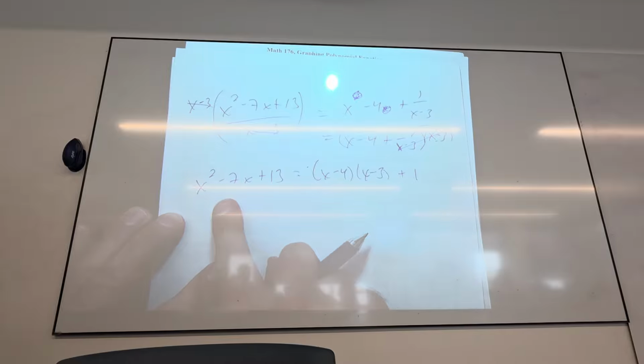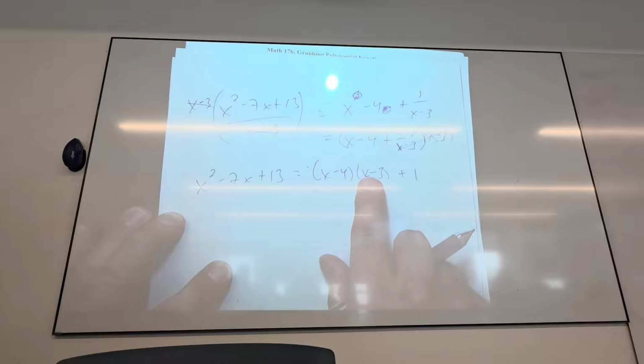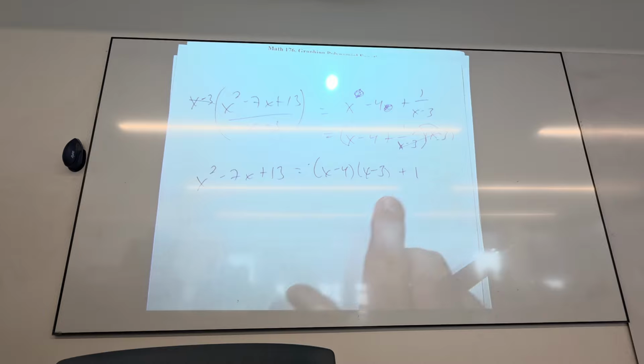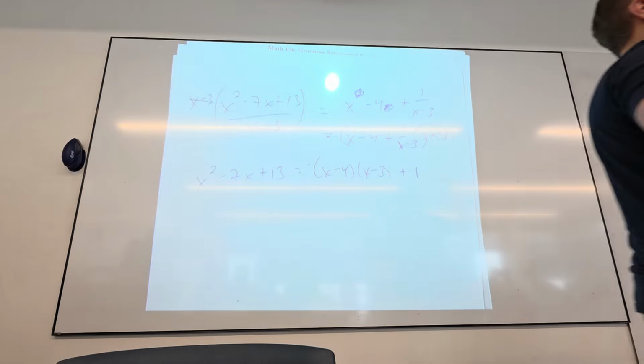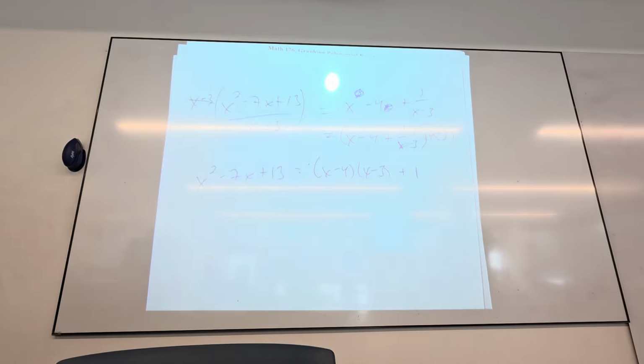So when you put a 3 in, what happens to this piece? You get 0. 0 plus 1. So that's why the remainder tells you what the output would be if you plugged in the number that you synthetically divided by. That is kind of nice.